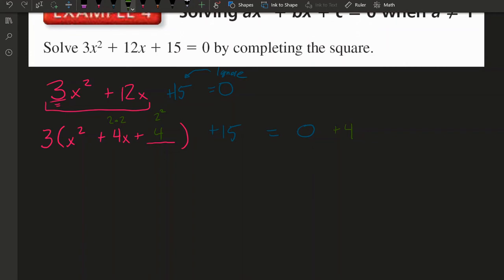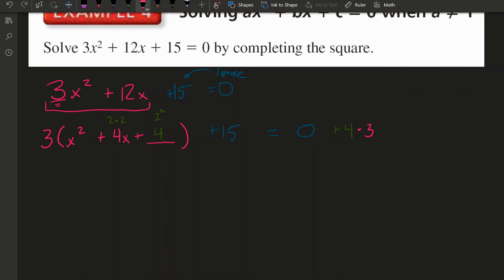On the left side of the equation, I added 4, but the 4 was inside the parentheses that were getting multiplied by 3. So by me adding 4 inside the parentheses, I didn't actually add 4, I actually added 4 times 3. So that means that I would actually be adding 12 to each side.